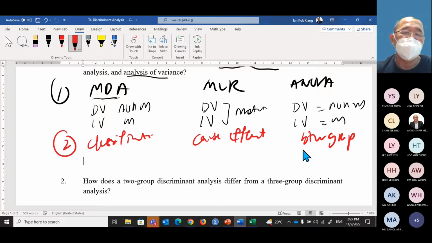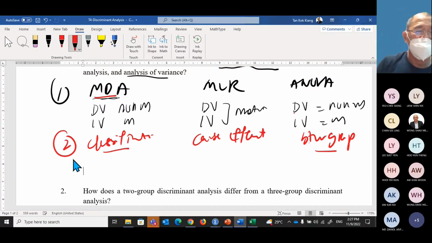We only want to see whether two groups have any difference, yes or no. That's it. Compared to that, MDA is more advanced. Under the MDA, we not only see the between group difference, but also the classification. Therefore, there is more to examine under the MDA. Any question?